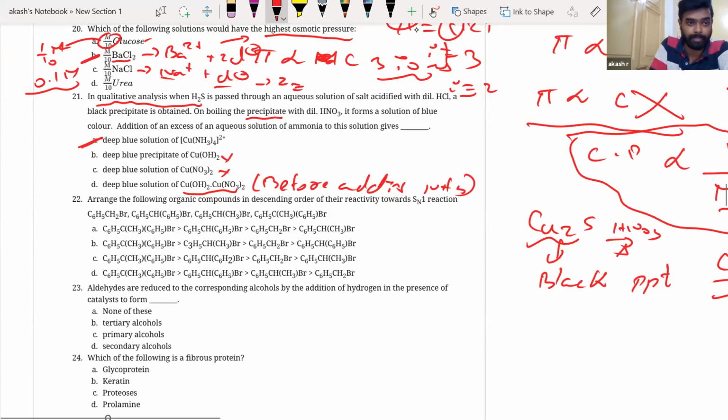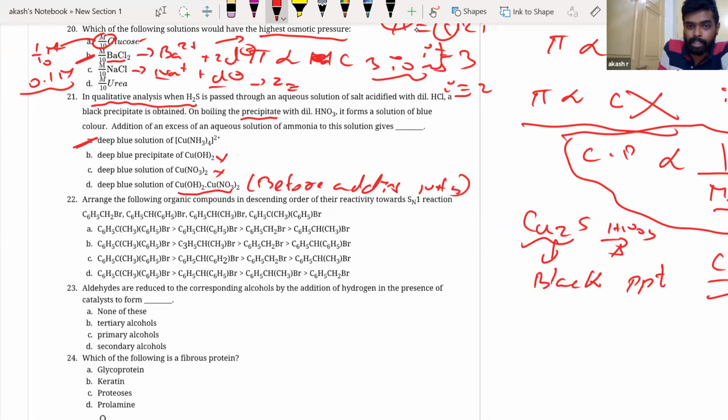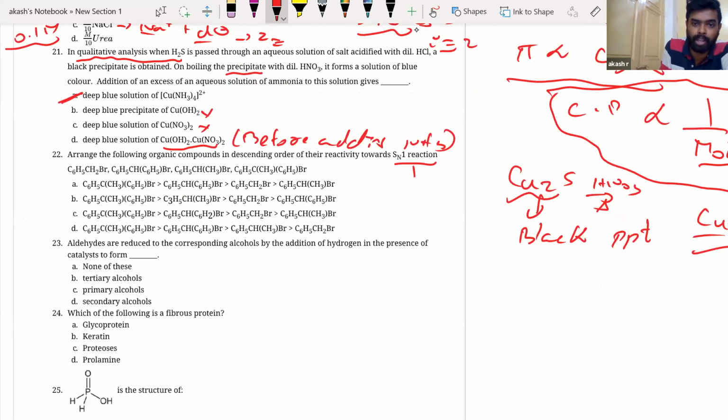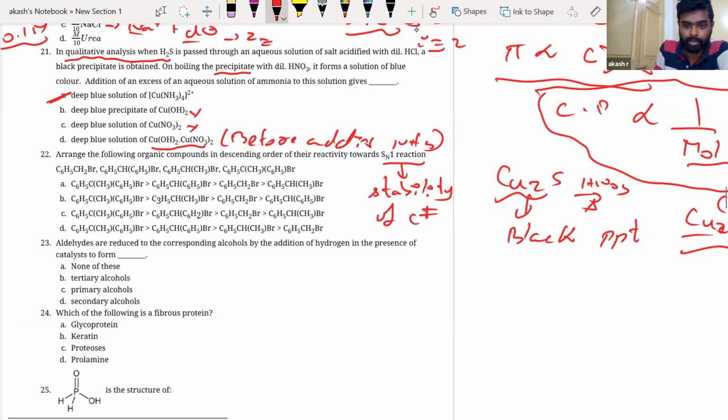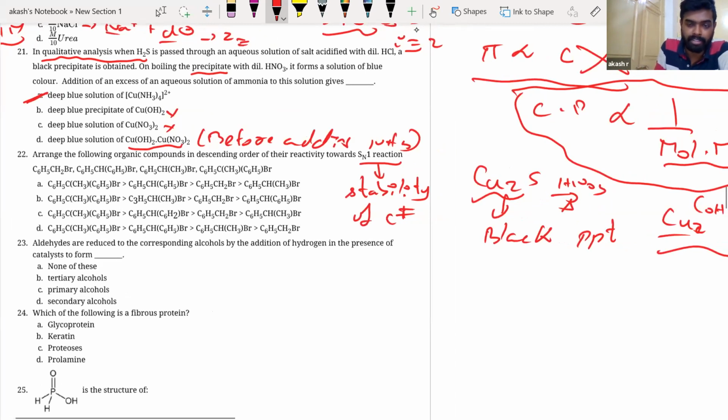All right. Next, arrange the following organic compounds in the order of reactivity towards SN1. The moment you see SN1, we have to go for stability of carbocation, C+. Whichever forms the more stable carbocation will be the most reactive. Let me write the compounds. C6H5CH2Br is the first one.